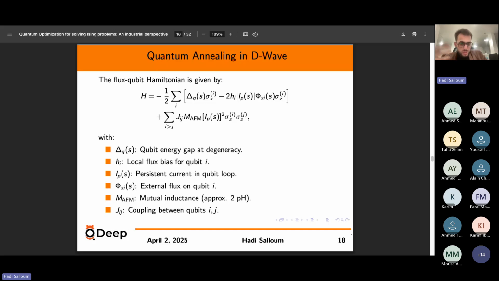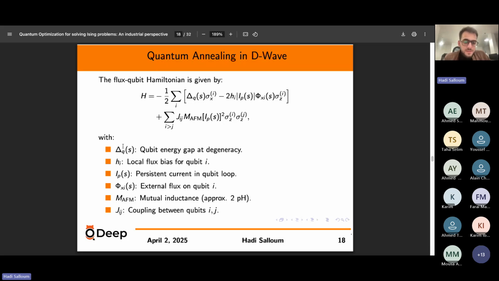As you saw at the beginning of the presentation, we put in the quantum annealing equation in general form. Right now we will talk about D-Wave. D-Wave has flux qubits, which are artificial qubits. I will explain the equation here, but it's not necessary right now to understand how we can use it.